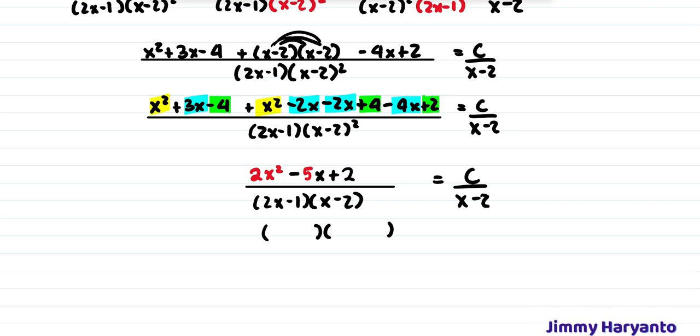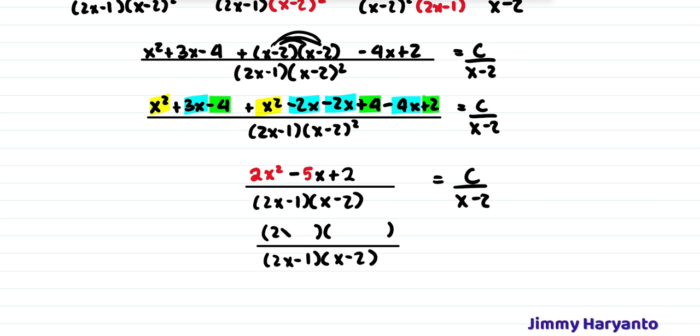So we only have to factorize the top part. The top part will be 2x and x, 2 and 1, minus and minus, and then as you can see, we can cross out this one.